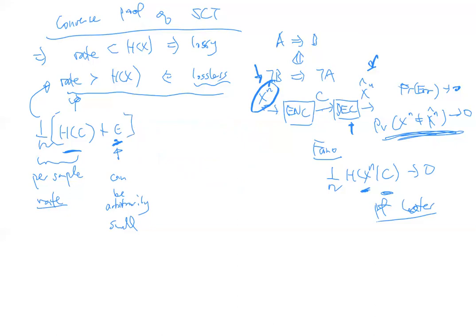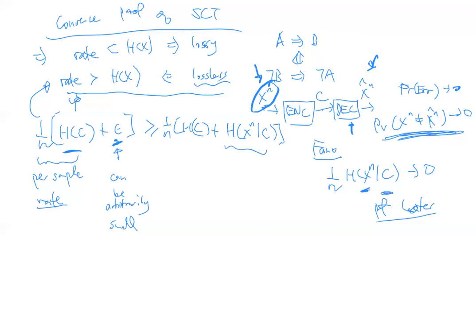Because immediately I can write that this will be bigger than 1 over n, H(C) plus H(X^n given C) here.